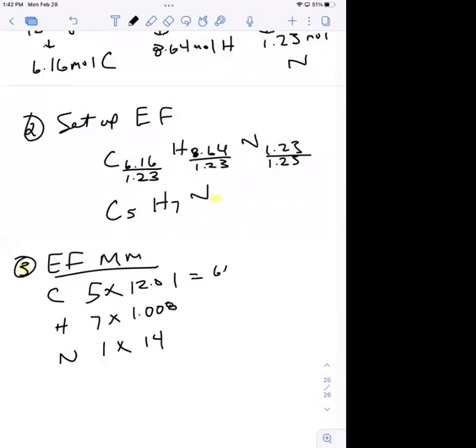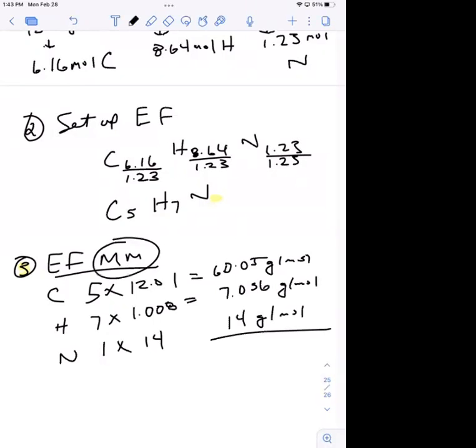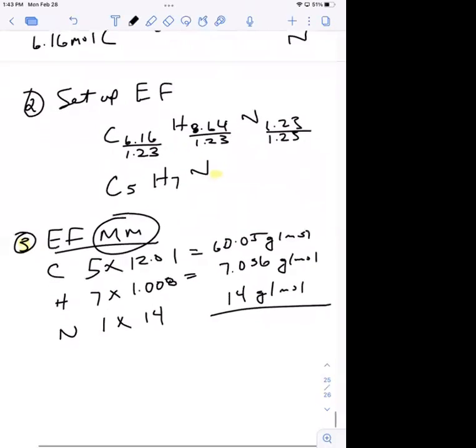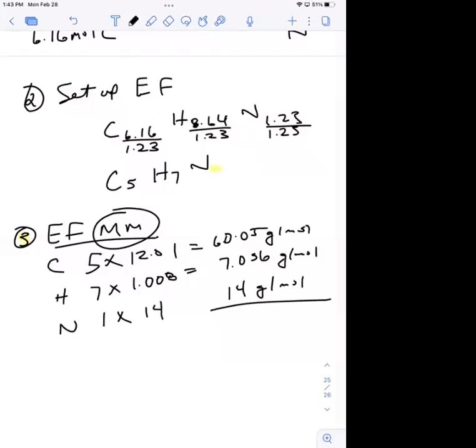So this will be 60.05 grams per mole, and this will be 7.056 grams per mole, and then this is 14 grams per mole, and we just sum it. That's going to be our molar mass for the empirical formula, which in this case is 81.106 grams per mole. Any questions so far?